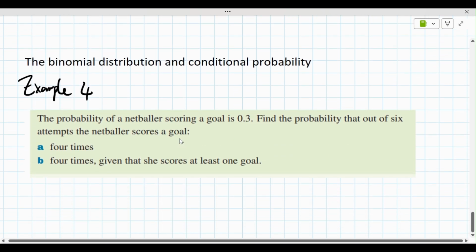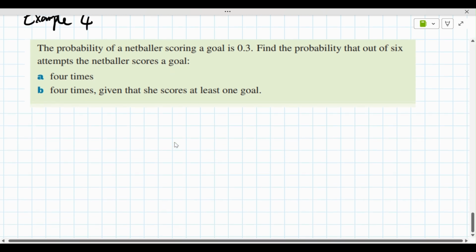So now we're going to try some binomial distribution. First, the probability of the netballer scoring is 0.3, which means not scoring is 0.7. So n is equal to 6 attempts, and 4 times we know, so we say x equal to 4.